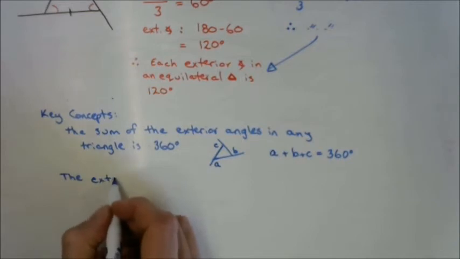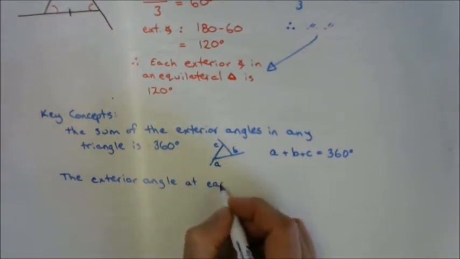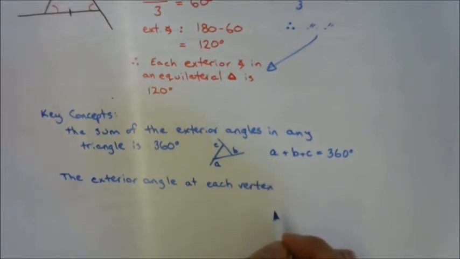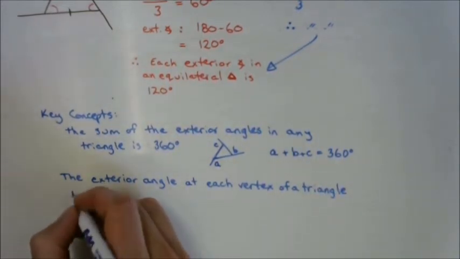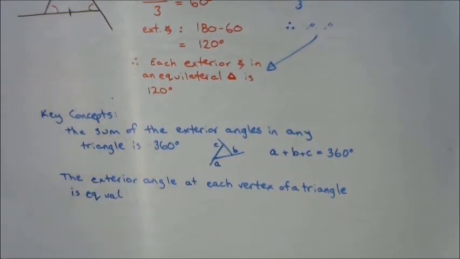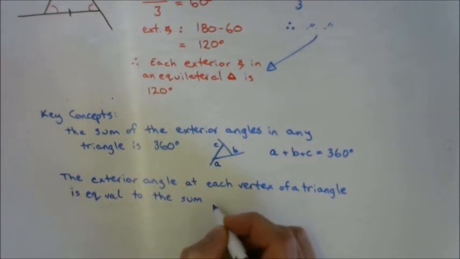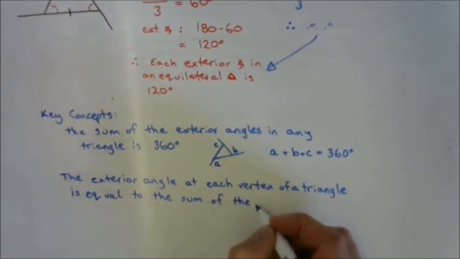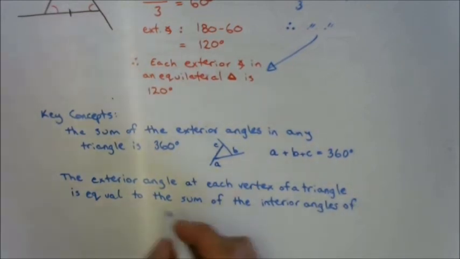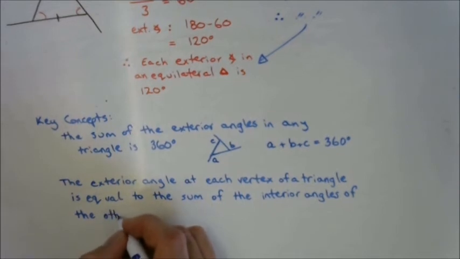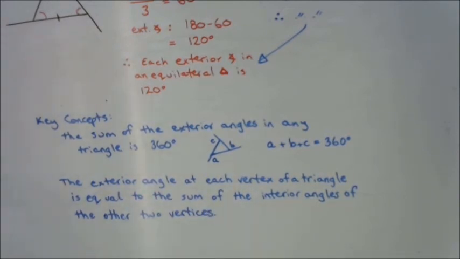The exterior angle at each vertex of a triangle is equal to the sum of the interior angles of the other two vertices.